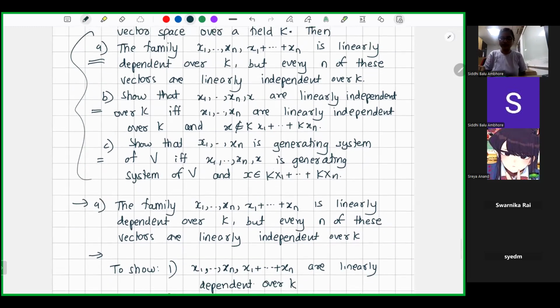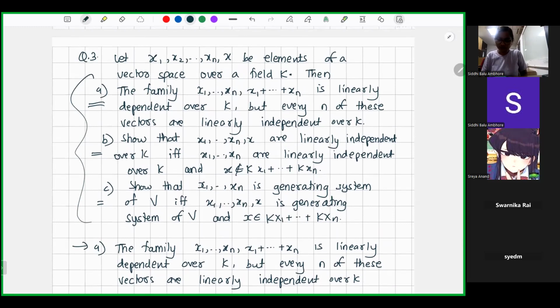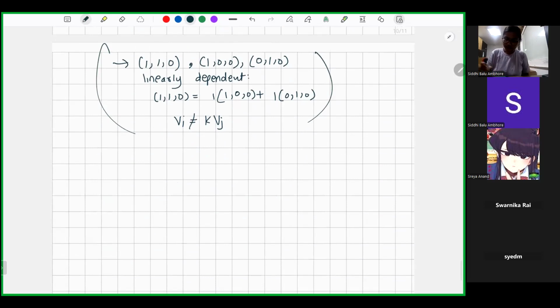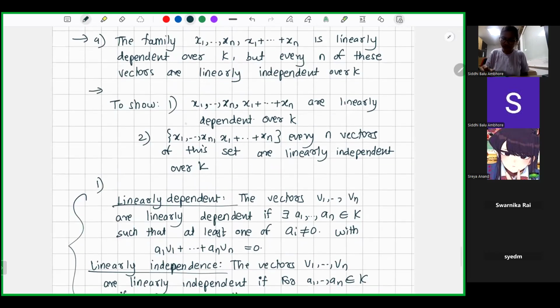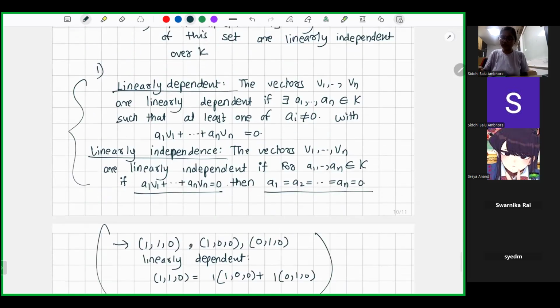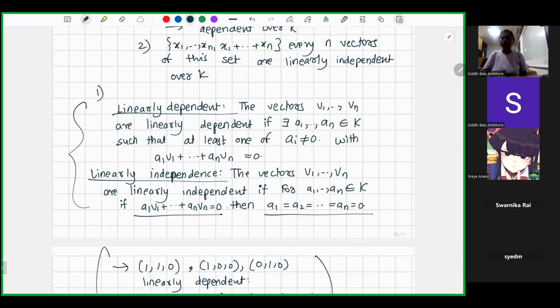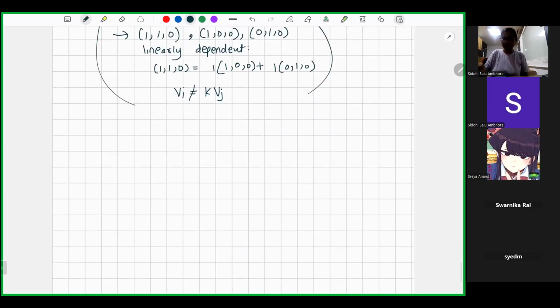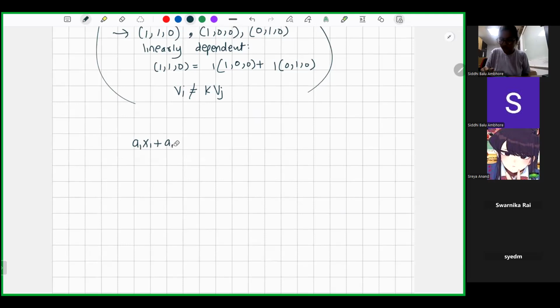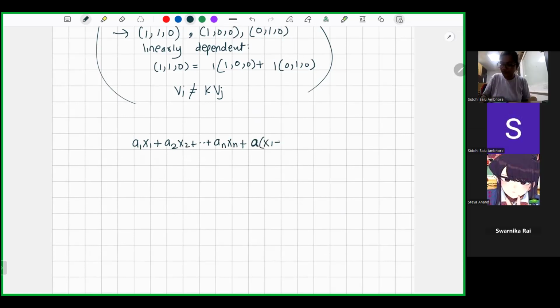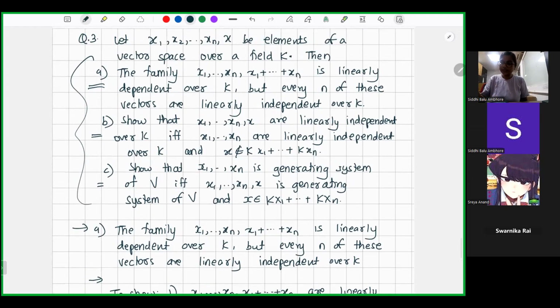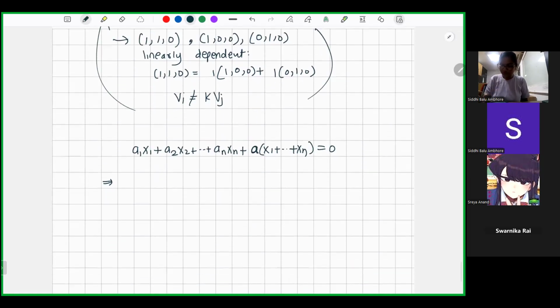So my first task is to prove that x1, x2, up to xn are linearly dependent over K. I need to find such ai, at least one non-zero, such that a1 x1 plus a2 x2 plus ... plus an xn is 0, so that they are linearly dependent.